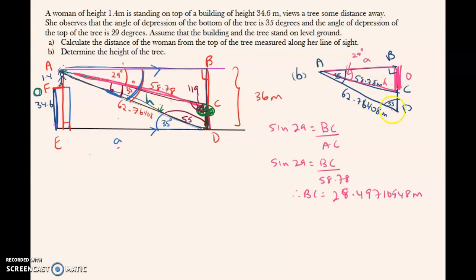But what do I need to find? I need to find this distance here, CD, right? So what I could do again is repeat this process. So I found BC. Now I could find BD and then take the two answers and subtract them and get CD. So let me do it. Similarly, to get BD, I'll look at the big triangle now with the 62 here, 62 point something.